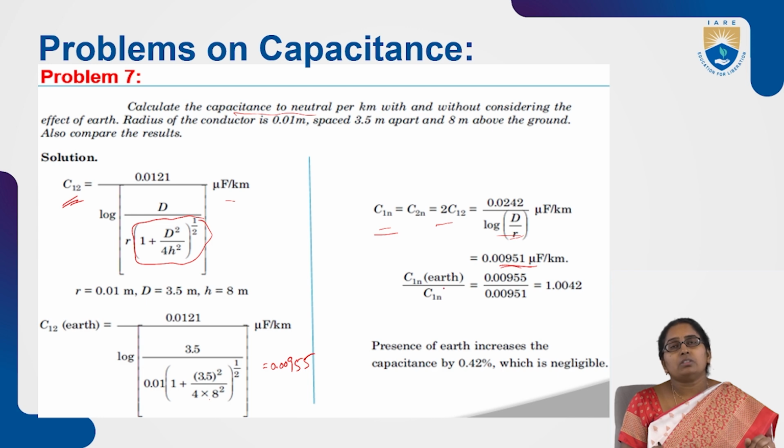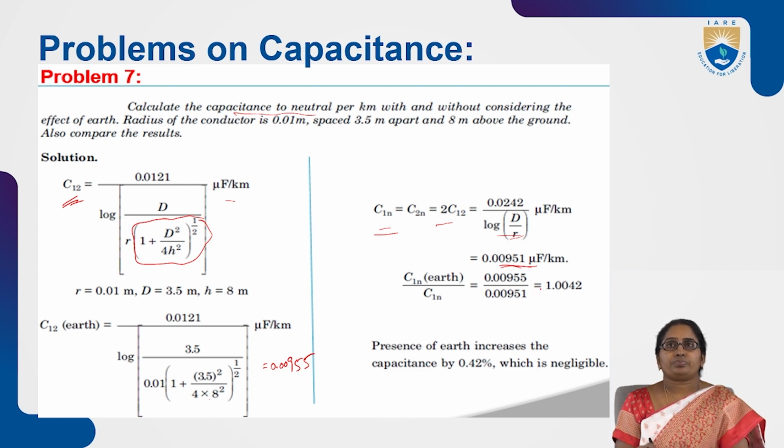Because they ask you to compare the results, they have shown with the effect of earth and without the effect of earth. So with the effect of earth, 0.00955 by 0.00951 is 1.0042.